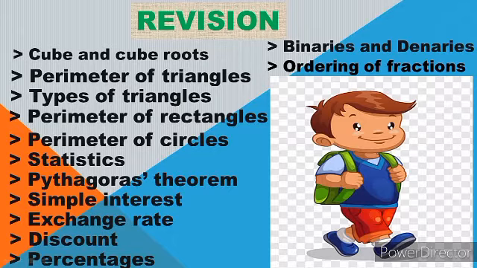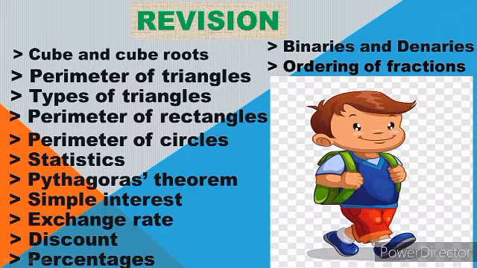Now is revision. We shall be revising, or reminding ourselves of, some key areas on the topics we treated this term. Topics like cube and cube root, perimeter of triangles, types of triangles, perimeter of rectangles, perimeter of circles, statistics. We did Pythagoras theorem, simple interest, exchange rate. We did discount. We treated percentage, which we divided into two, percentage 1 and percentage 2, and binaries, which we divided into 3.